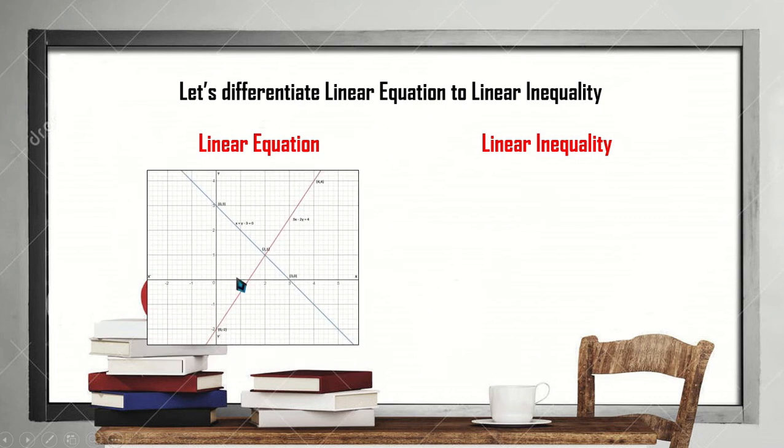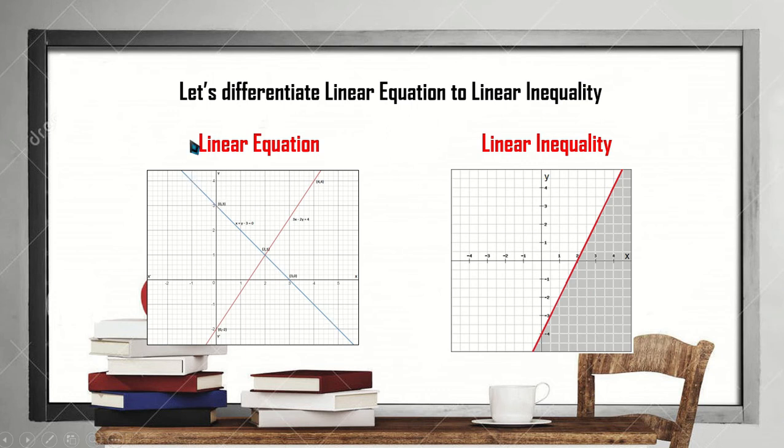So for graph naman, anong pinagkaiba nila? So, kung titingnan natin dito sa linear equation, ang solution niya ay lahat ng matatamaang point doon sa line. Ito lang yung solutions natin. Pero kapag linear inequality, lahat ng shaded part, yun yung tinatawag nating solutions ng equation na yun.